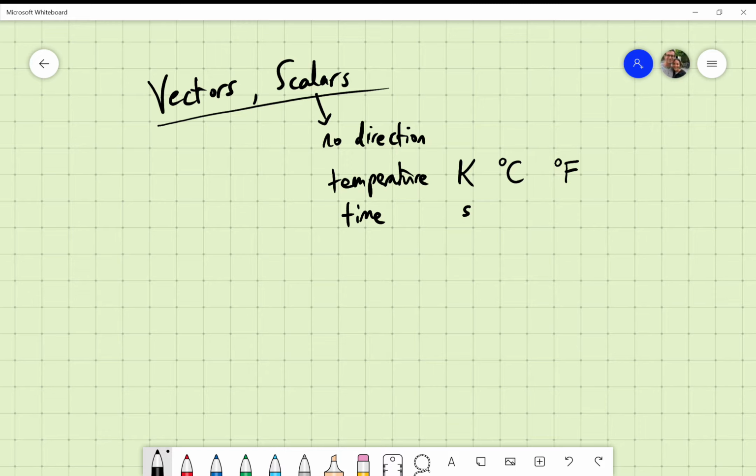Time can't have a direction associated with it. Temperature can't have a direction. You can't say that something is 900 degrees Kelvin up or to the left or down. You can't give it a direction. Some other quick ones would be speed, which we measure in meters per second or feet per second.